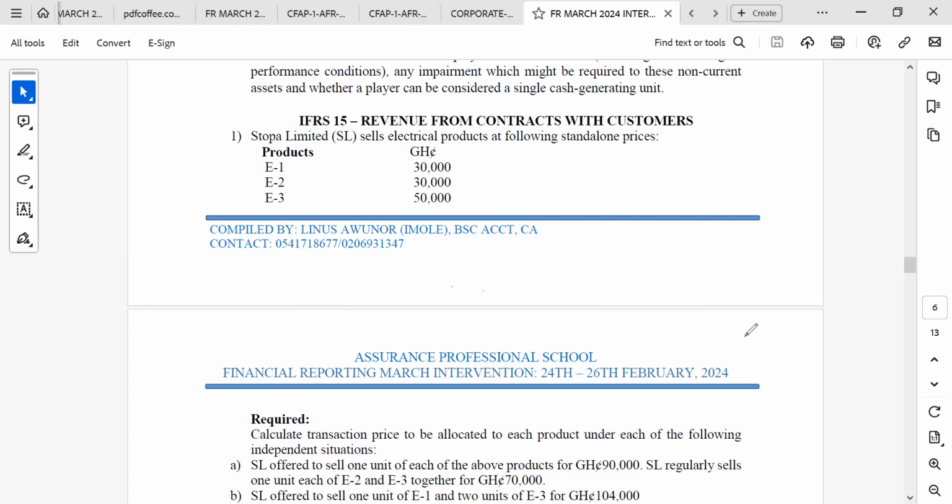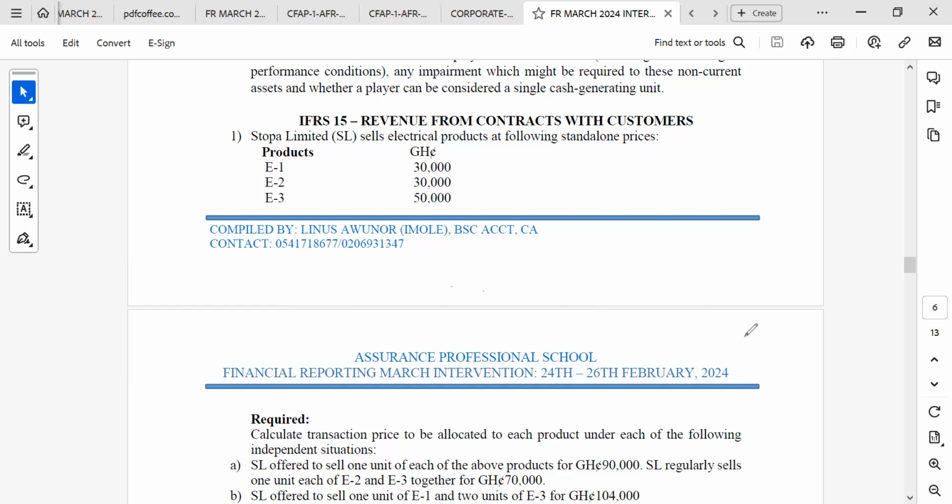Required: calculate the transaction price to be allocated to each product under each of the following independent situations. A. SL offered to sell 1 unit of each of the above products for 90,000 cedis. SL regularly sells 1 unit each of E2 and E3 together for 70,000 cedis.